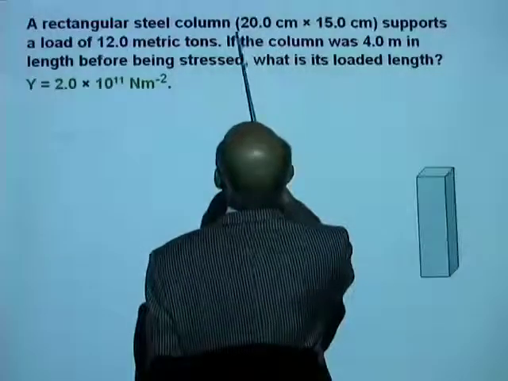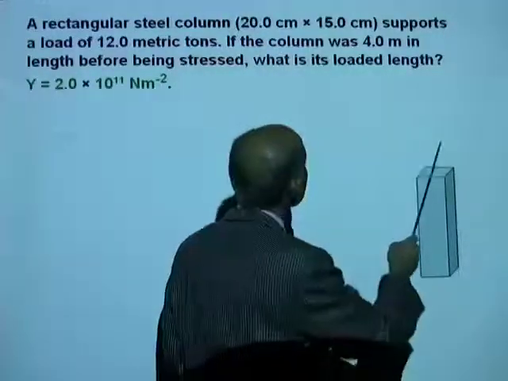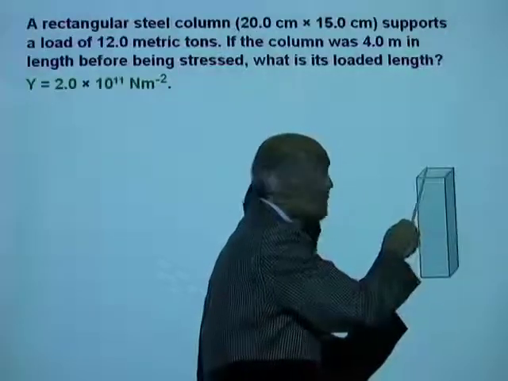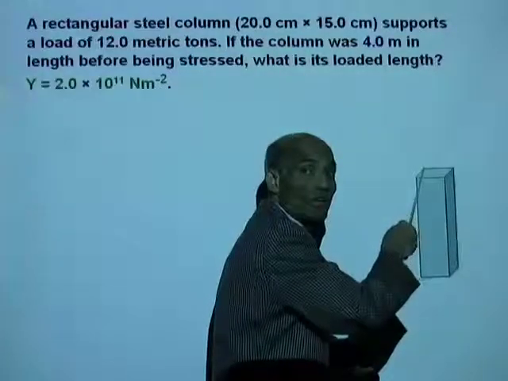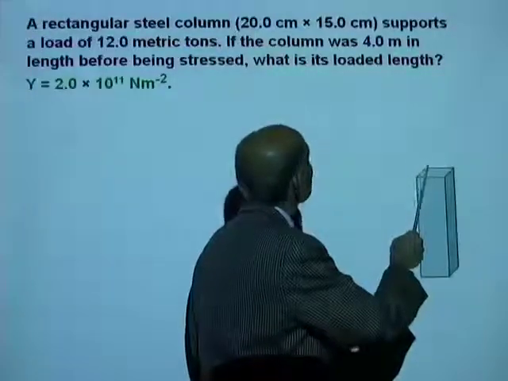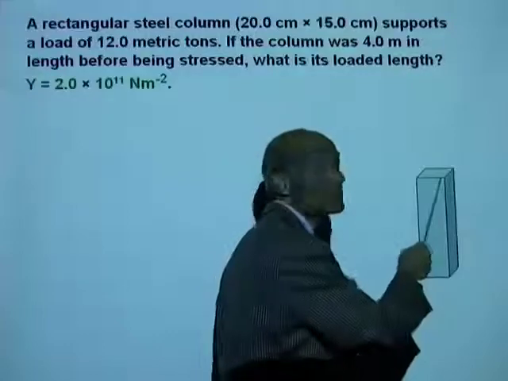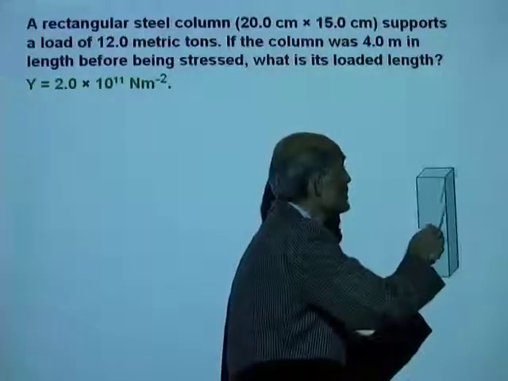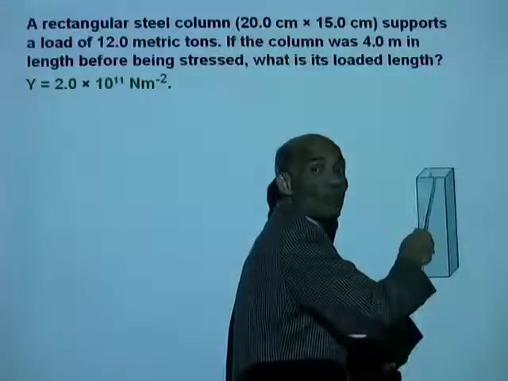Now, it's a 20 centimeter by 15 centimeter, means if you go to the top of that column and measure the length and width, it is 20 centimeter by 15 centimeter, and you can calculate the area of the top of the column.